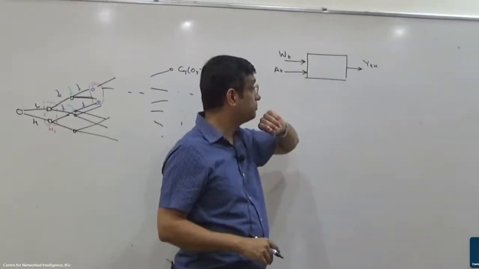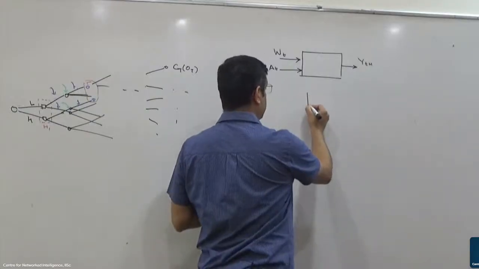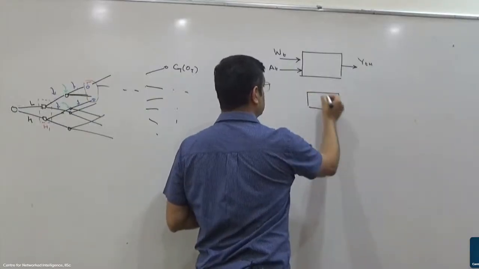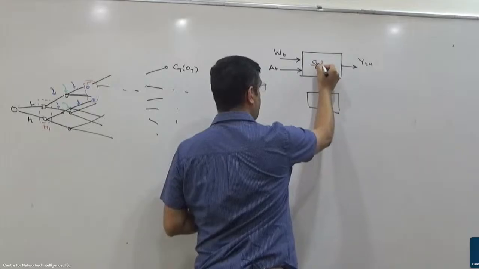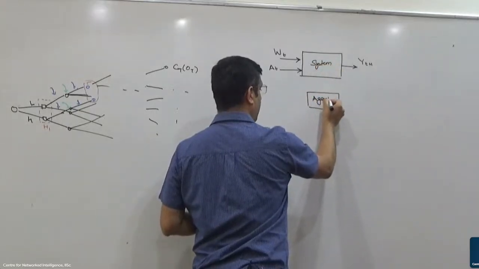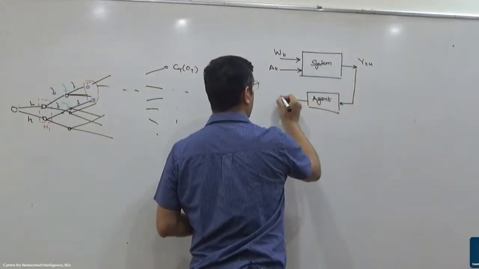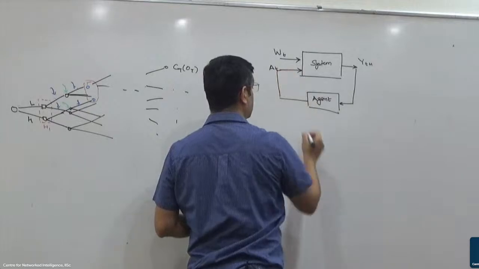Okay? And this is my system, this is my agent, and now my agent observes the output and uses that to choose the control input.